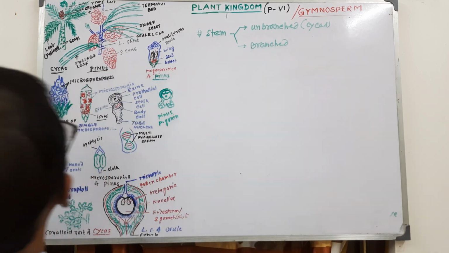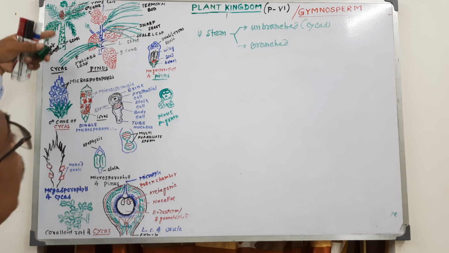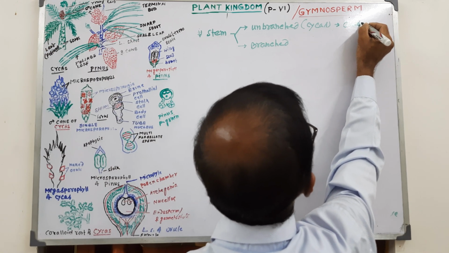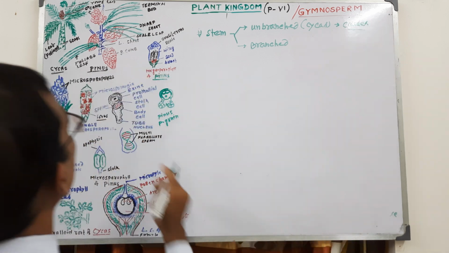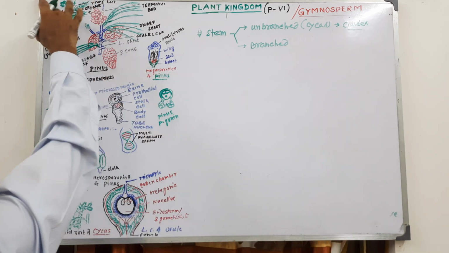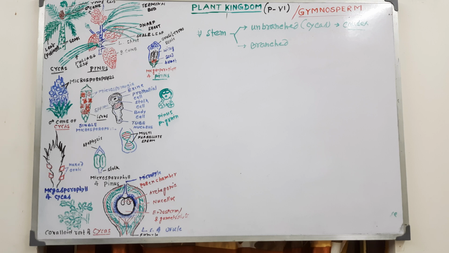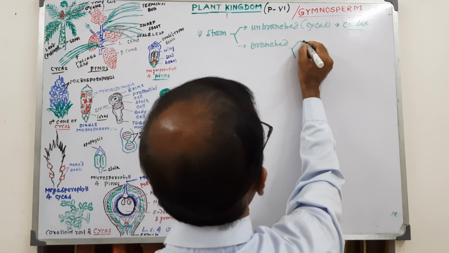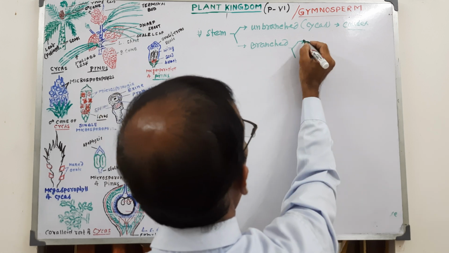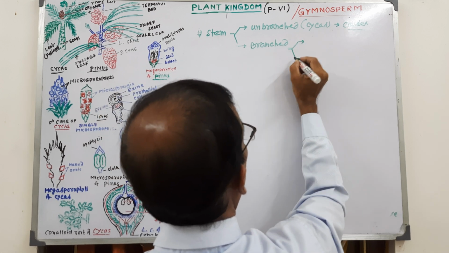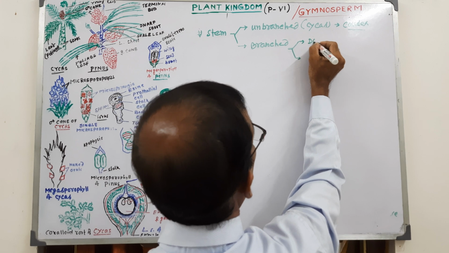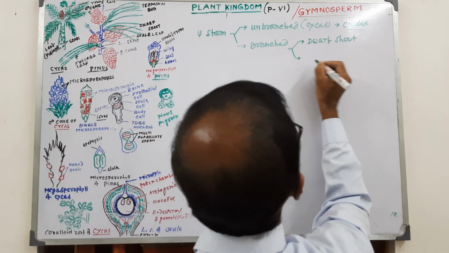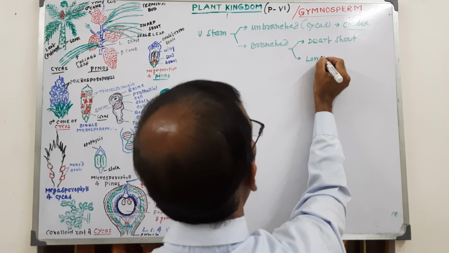Look here, this is a Cycas stem, unbranched, and it is called caudex, because when the stem is unbranched and bears a crown of leaves at the tip, it is called a caudex type of stem. Where branched, in most cases it is dimorphic, consisting of dwarf shoot and long shoot.